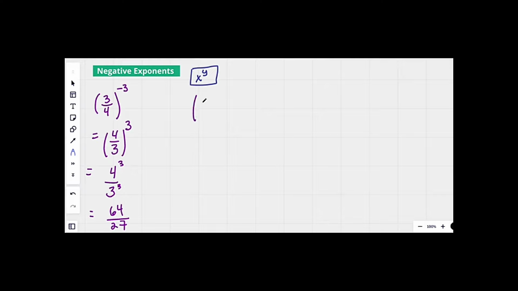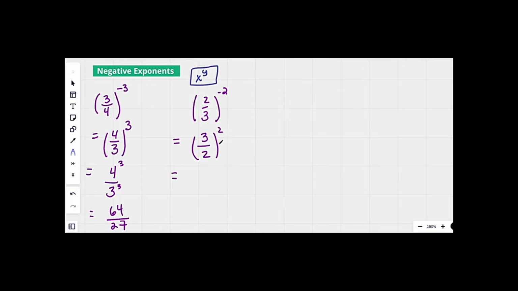Okay, we've got another question here. So what if we got 2 over 3 to the power of negative 2? So again, step number 1 is we're going to flip our fraction so that the bottom's at the top and the top is at the bottom. And this will then remove the negative. Okay, so our exponent stays the same number, it's just no longer a negative.